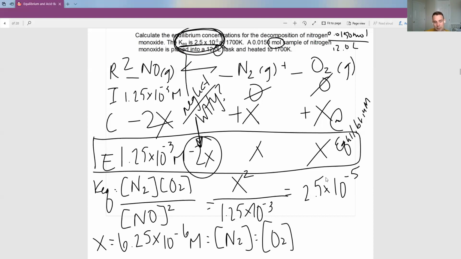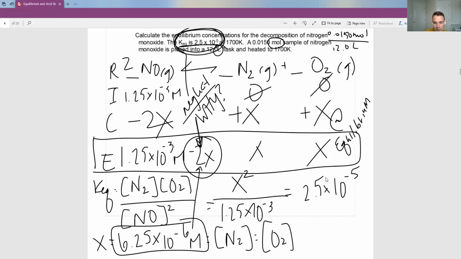Now what I need to do is figure out my concentration of nitrogen monoxide. Notice that number is very, very small. I can now plug this number into this minus 2x, which we neglected in order to solve the KEQ.